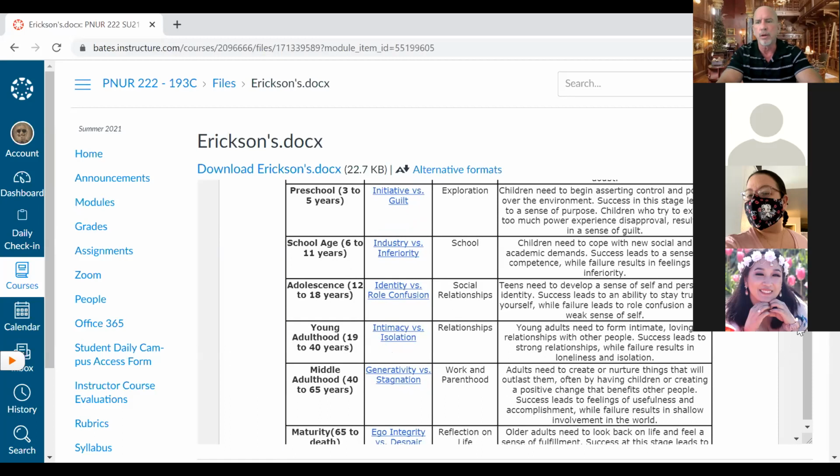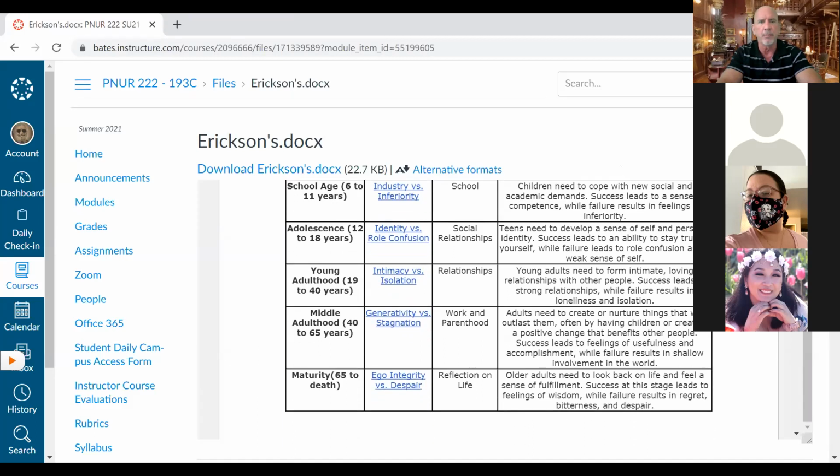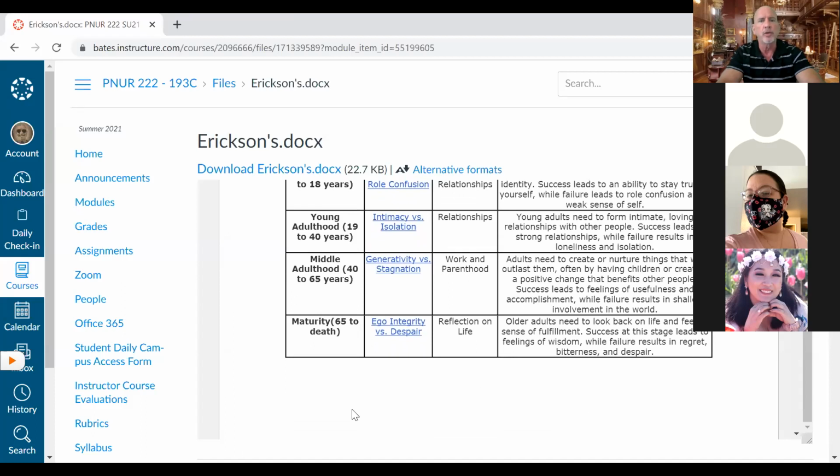So every age bracket, you have various developmental stages. Now, you are going to be dealing mostly with senior citizens, usually 65 years and older, reflections on life. They're getting at the end of their life, and that's kind of the issues that they're going to be dealing with. So this chart is in there, and you can use that.